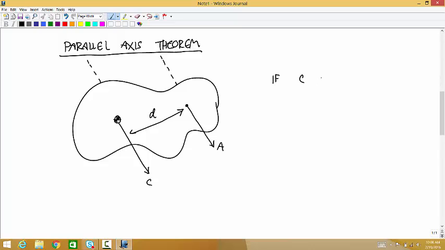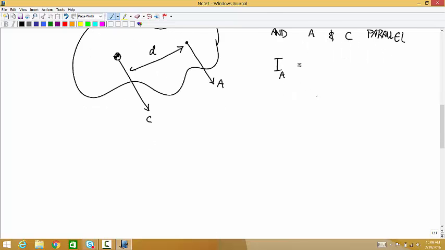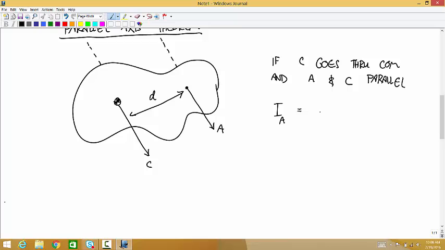So if C goes through the center of mass, and A and C are parallel, then the parallel axis theorem says the moment of inertia about A is equal to the moment of inertia about C plus md squared.